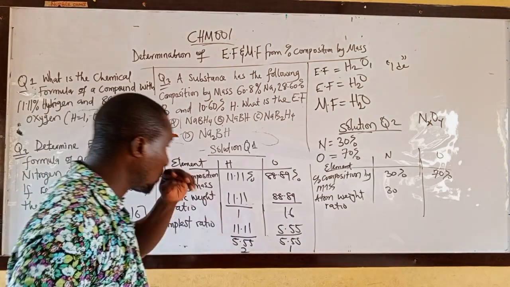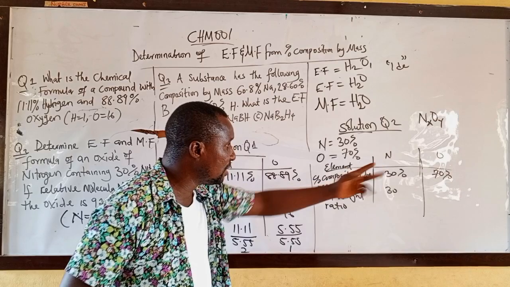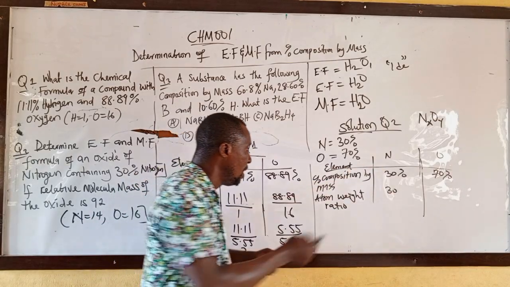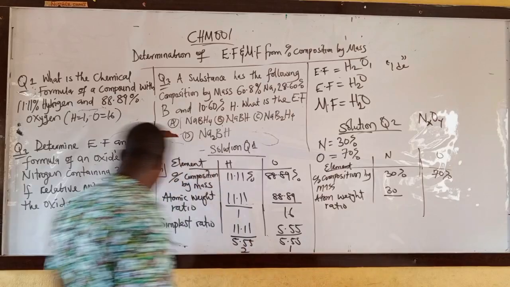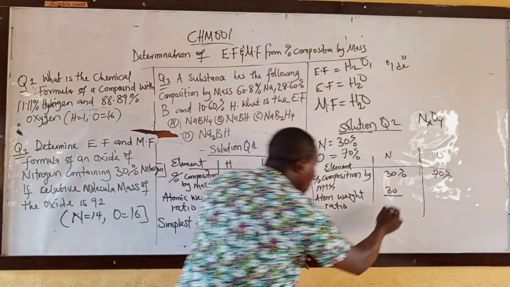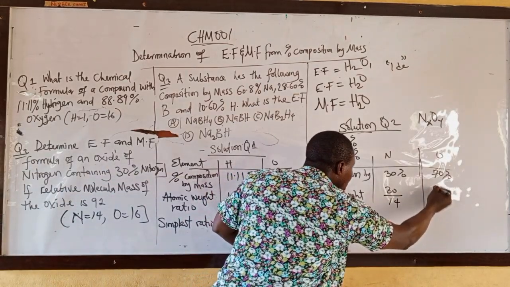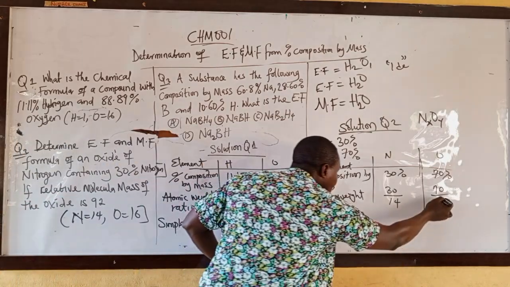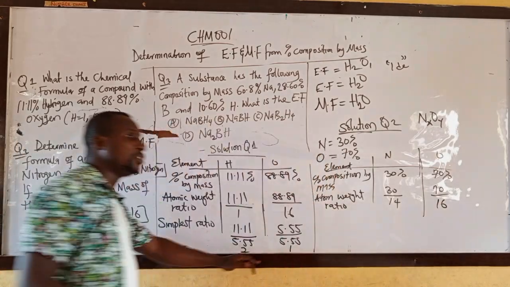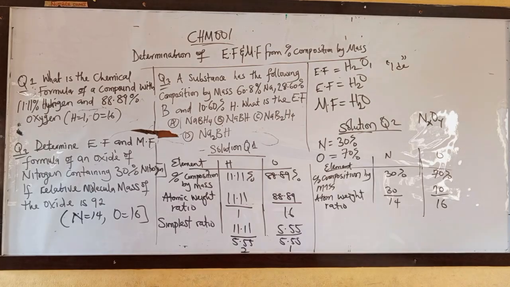Percentage composition by mass: nitrogen 30%, oxygen 70%. Then the atomic weight ratio. That is 30% divided by the mass number of nitrogen, which is 14, and 70% divided by the mass number of oxygen, which is 16. Then what will you do?